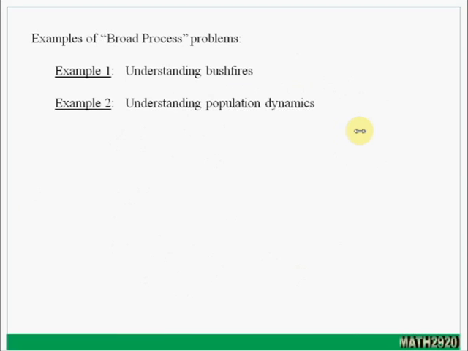Could be pertinent to, say, pests or wildlife, for example. So how do we handle the rabbit population, and so forth. So that's a general process, but we're not thinking of any one particular situation or context.